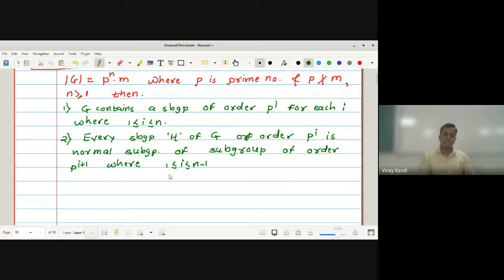Or we can take 1 less than or equal to i less than n. Okay, we take this condition also.